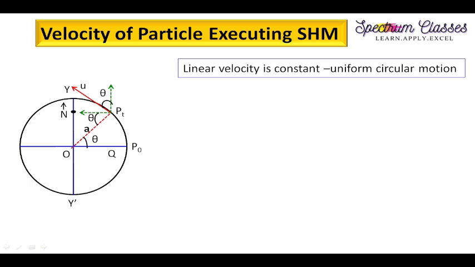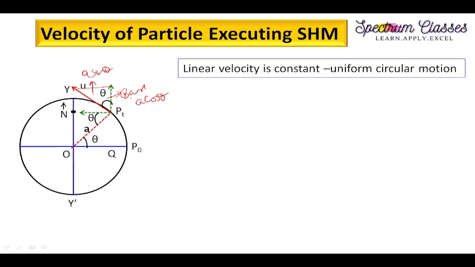Now suppose I draw a line like this. Then this will be the base and this will be the perpendicular to it. So this will be a cos omega t or a cos theta, and this will be a sin theta.